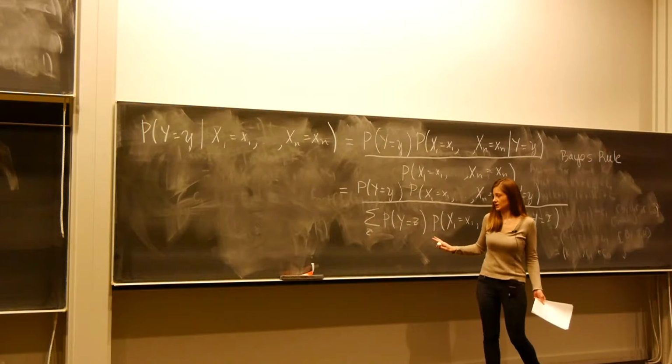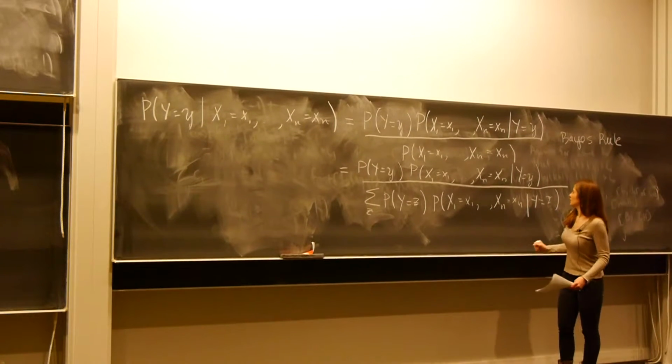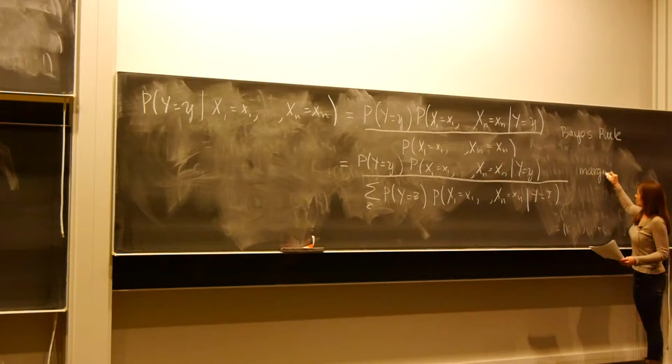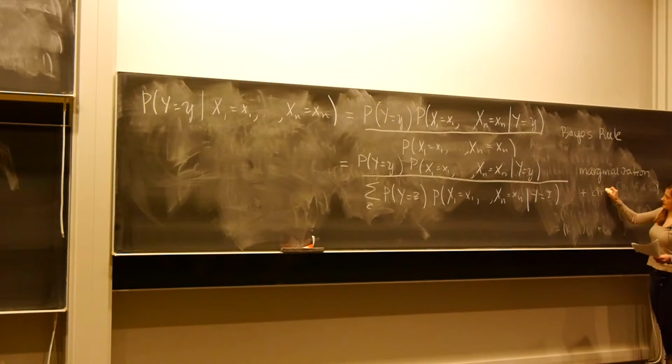But here z is still either 0 or 1, okay? So here we used the marginalization followed by the chain rule.